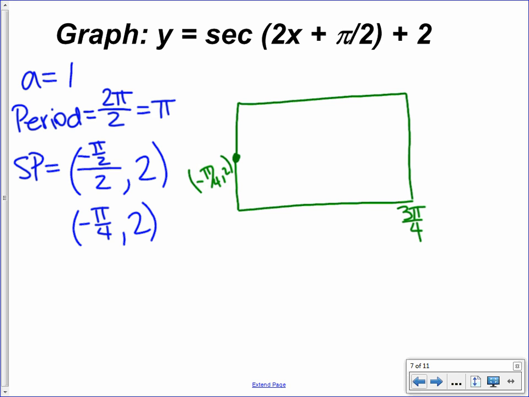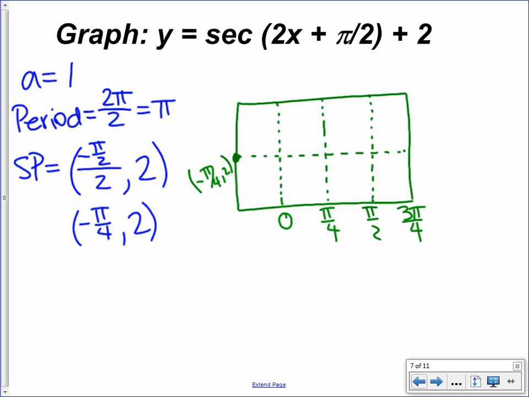Halfway between negative pi over 4 and 3 pi over 4. Halfway between negative pi over 4 and pi over 4? Right. And halfway between pi over 4 and 3 pi over 4.